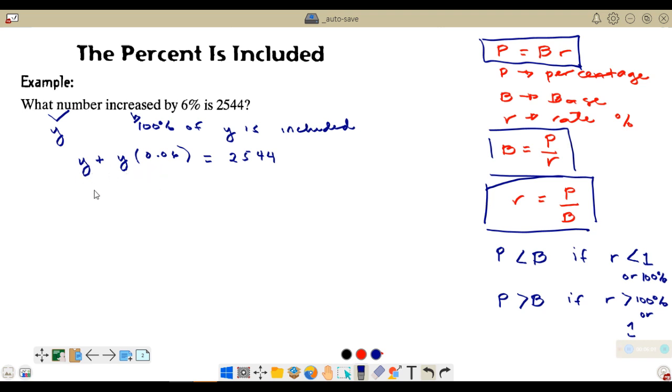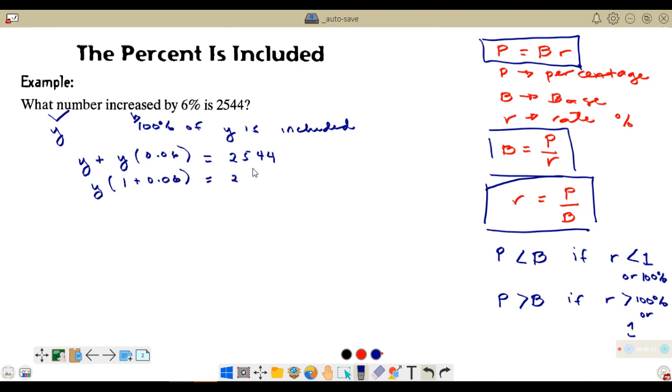So now, what is our value? We can simplify this as, we are looking for y times 1 plus 0.06. We have always used this before when we were solving interests. All you have to do is to factor out y. y divided by y is 1. y times 0.06 divided by y is 0.06.